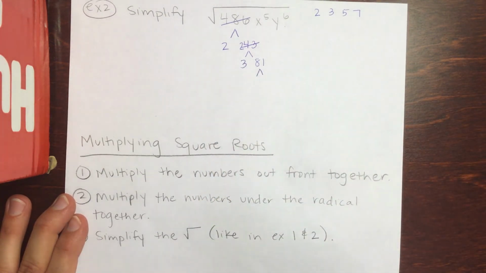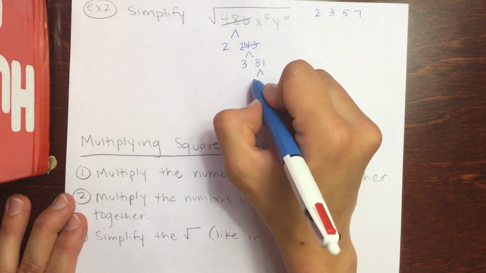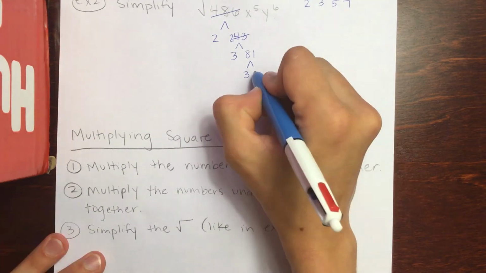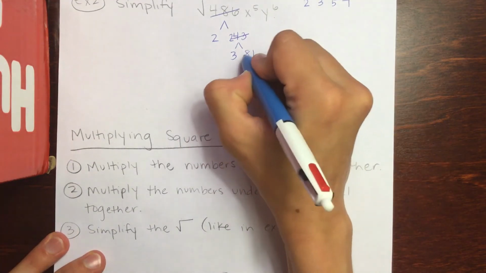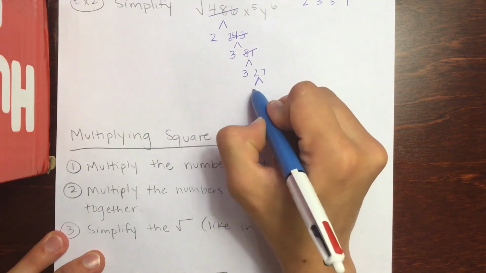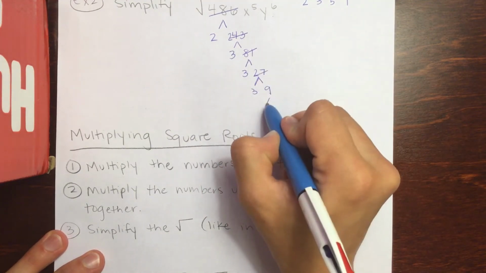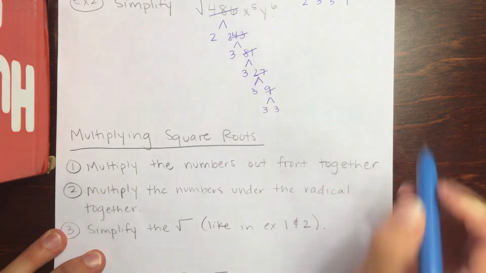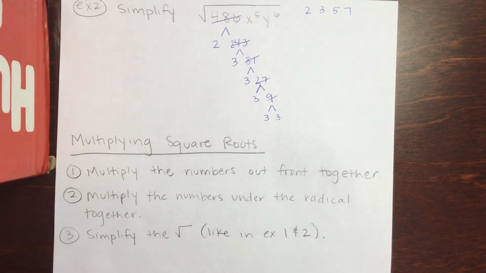You can use 9 and 9, and then you automatically have your pair of 9s to pull out front. Or you can use 3 times 27, and then 27 is 3 times 9, and 9 is 3 times 3. It doesn't matter what you start with, but you should end up with 5 3s and a 2.